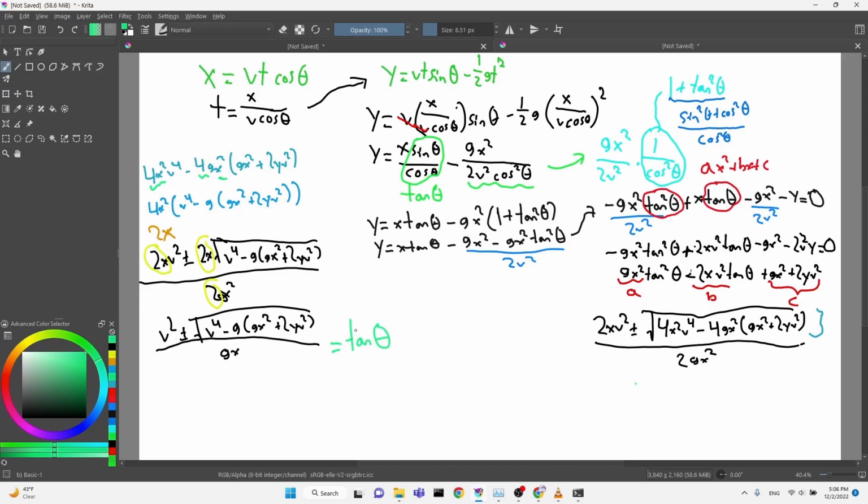Now, we are really close to finding the angle, right? We just apply an arctangent to both sides, and we're left with the final formula.